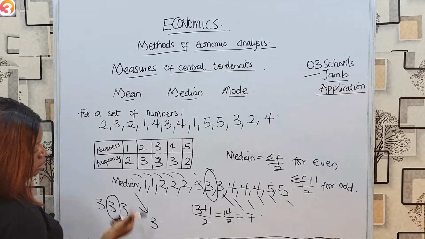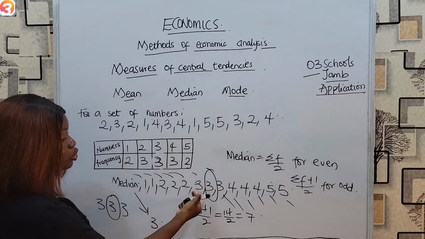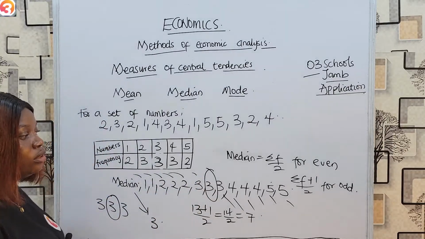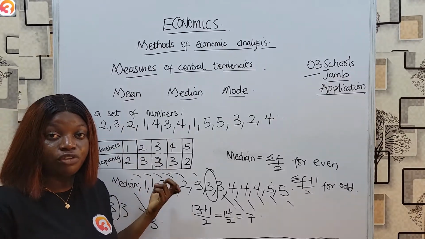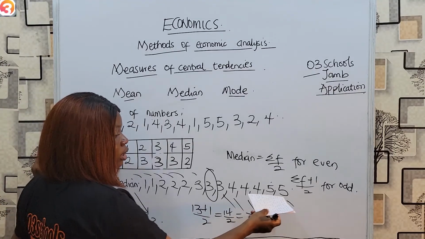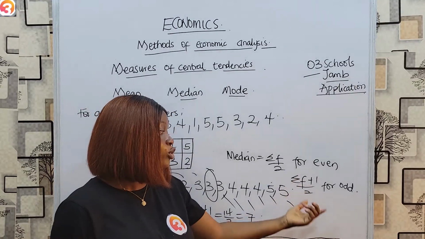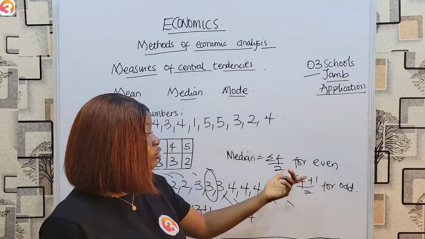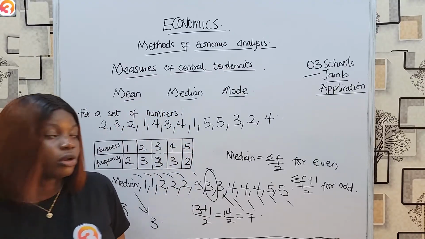If you count 1, 2, 3, 4, 5, 6, 7, 3 is at the 7th position, so the median here is equal to 3. Very simple. If you have it in this format, you don't want to go through the stress of drawing a frequency table, you just outline it and then use the calculation: summation f plus 1 over 2 for odd, and summation f over 2 for even. That is as simple as it gets for median.